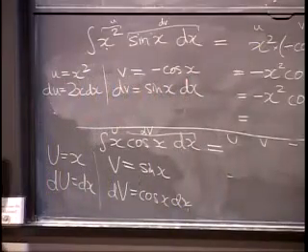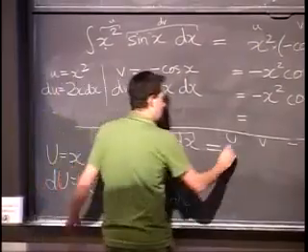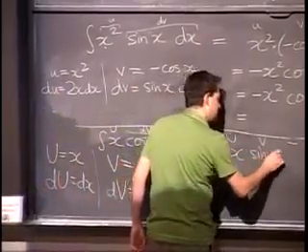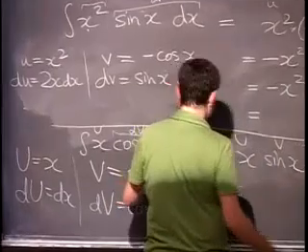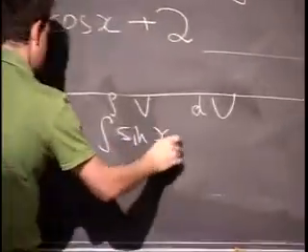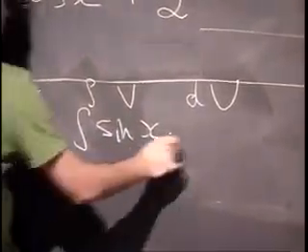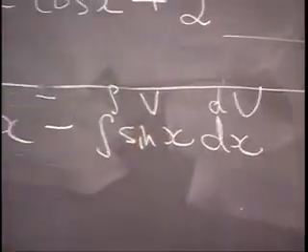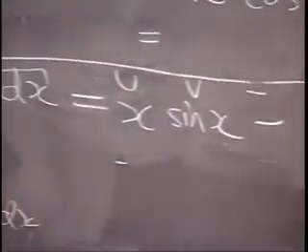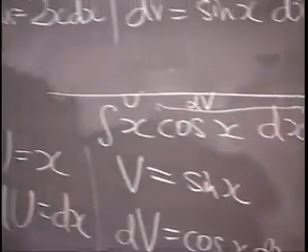It doesn't matter. So I get x sine x minus the integral, V is sine x, dU is dx. And the new integral is now just the integral of sine x dx, which is negative cosine x.